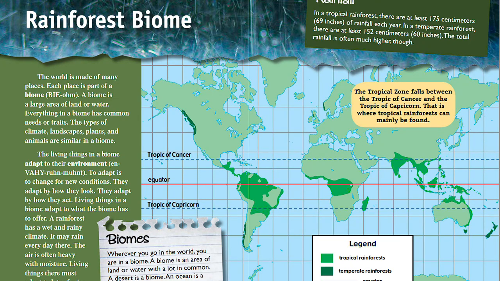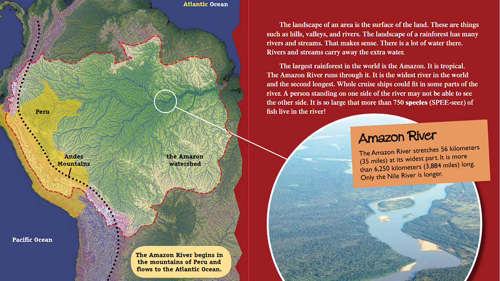Legend. Tropical rainforests. Temperate rainforests. Equator. Tropics of Cancer and Capricorn. Atlantic Ocean. Peru. Andes Mountains. The Amazon Watershed. Pacific Ocean. The Amazon River begins in the mountains of Peru and flows to the Atlantic Ocean.